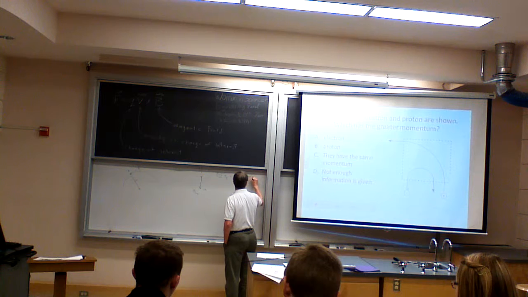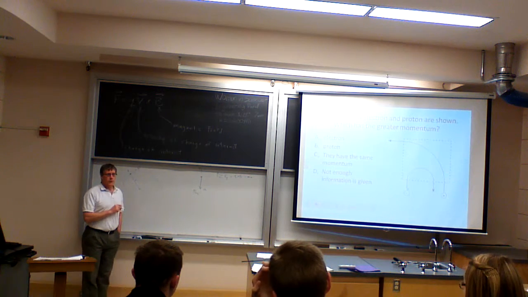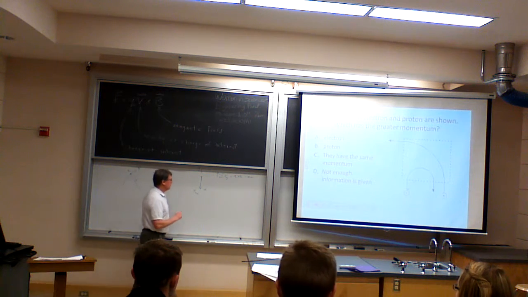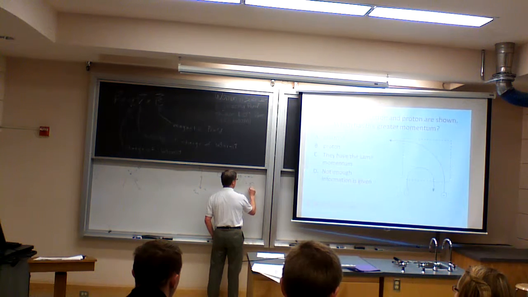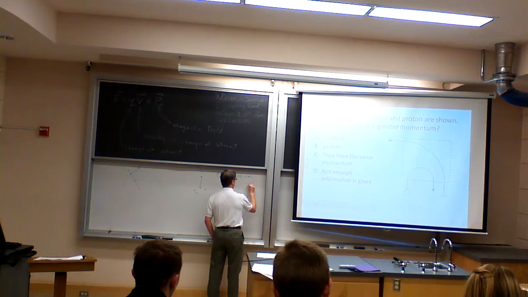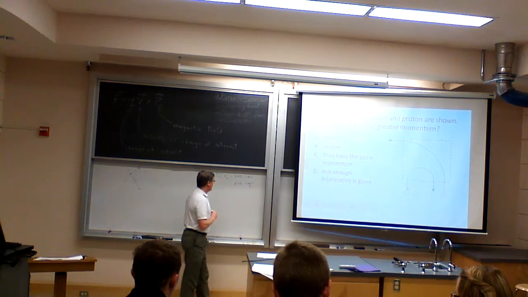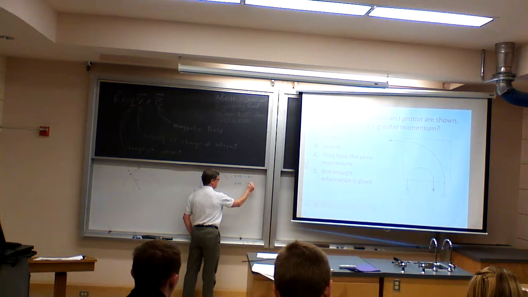Equals M times A. And what is A equal to in this case? v squared over R. Can we divide both sides by v?